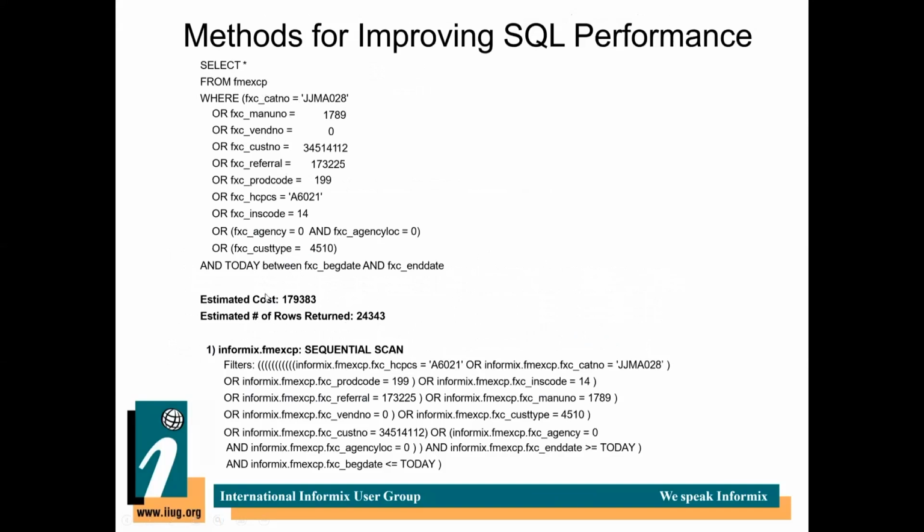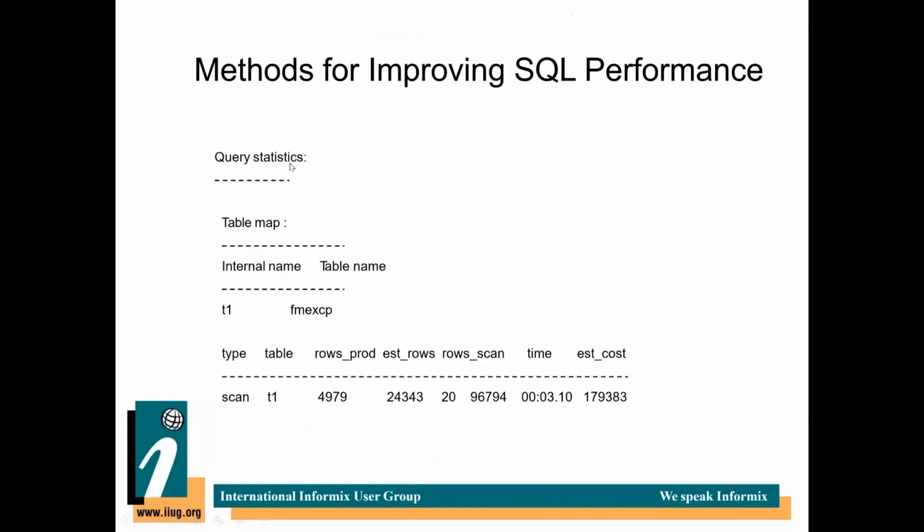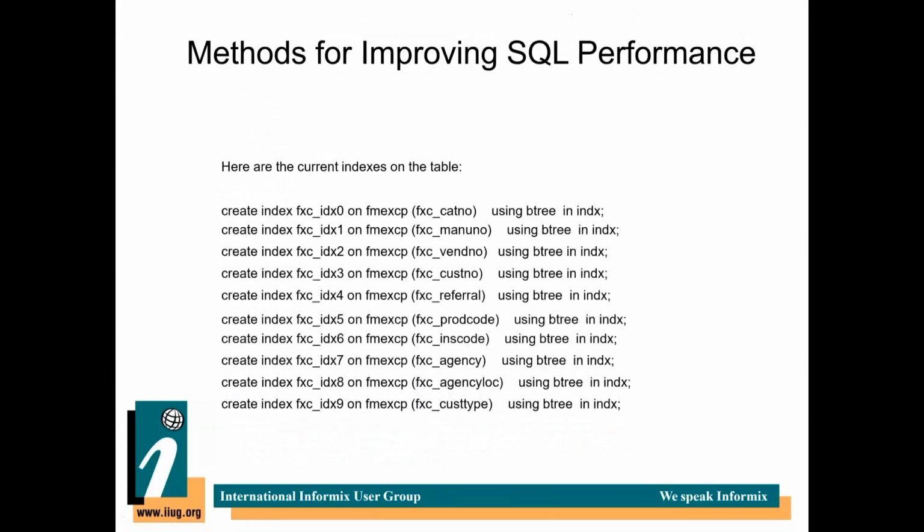It was actually performing a sequential scan. Here it was taking 3 seconds to run, which may not seem like a lot, but if it's run a lot of times, it can make a big difference.